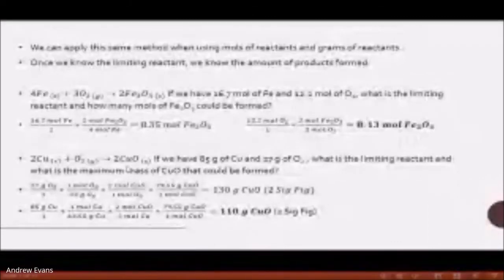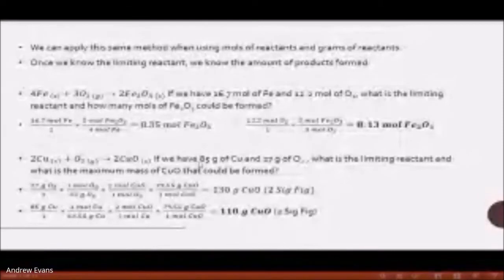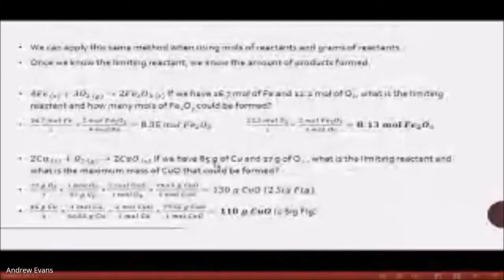Looking at copper, which then goes to CuO. Now this may be a little counterintuitive. If I have 85 grams of copper and 27 grams of oxygen, what is the limiting reagent? You may be wanting to say, well, 85 grams is much heavier than 27 grams, so clearly it's going to be oxygen.